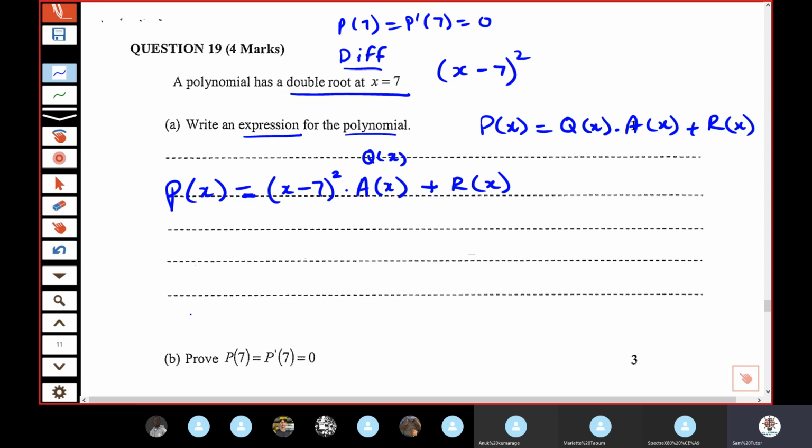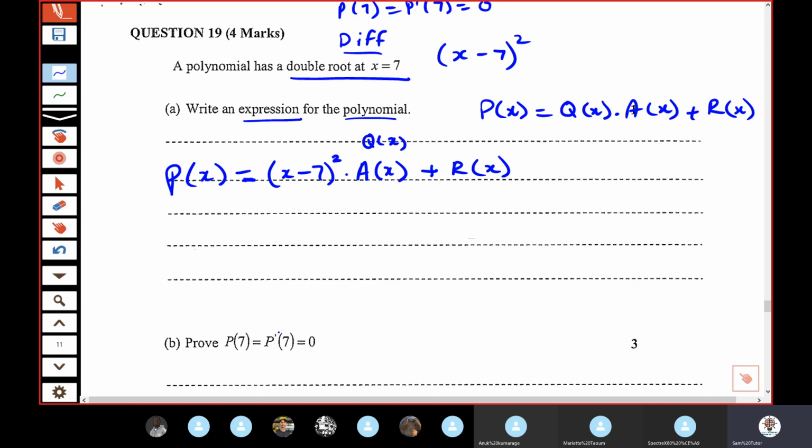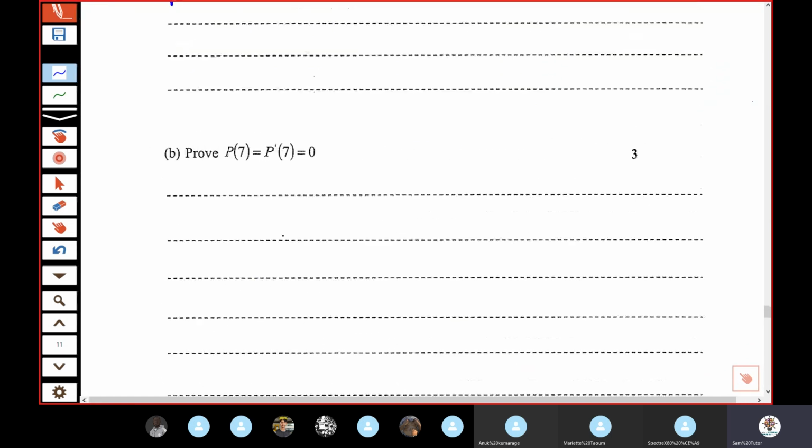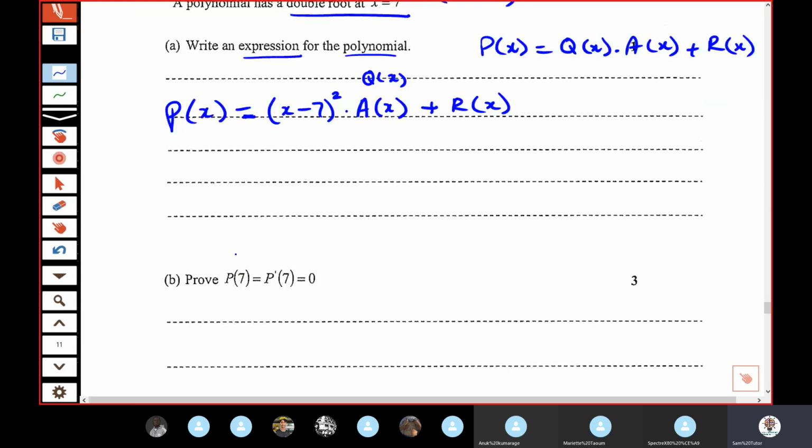The reason why it'll be in your exam is because everybody does the derivative wrong. So that one's easy. Most students get that out eventually. It's the derivative bit, part B, that's worth 3 marks and why it's at the end of the paper. A lot of students get the derivative wrong.